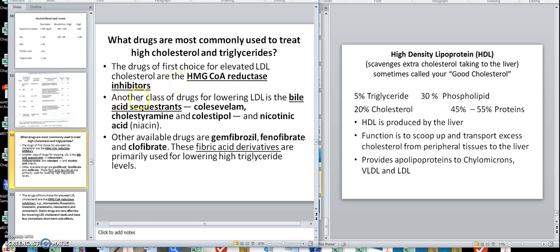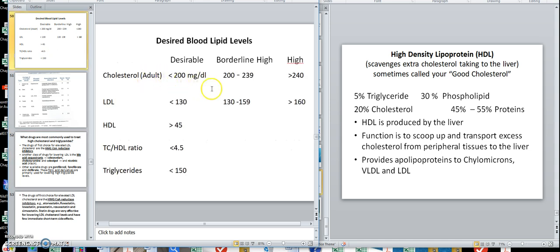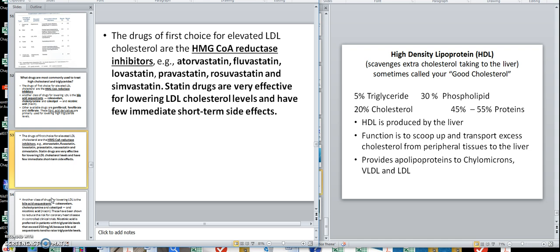There are some other drugs we have too, but these are kind of the best ones. So that kind of gives you an idea of what we would do if your diet alone could not bring the cholesterol down into a sufficient range. Okay? So that's where we are there.